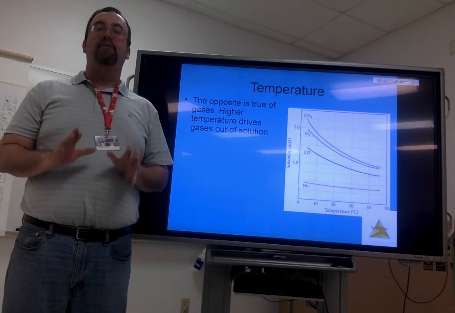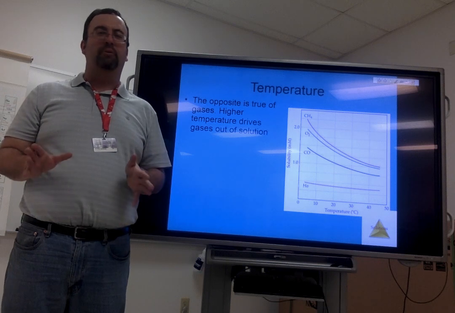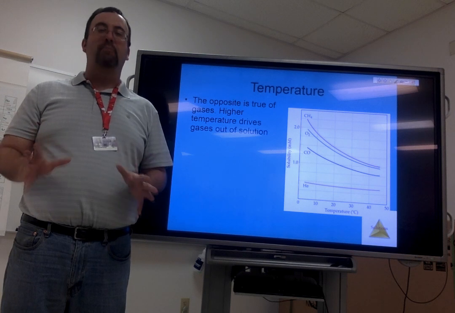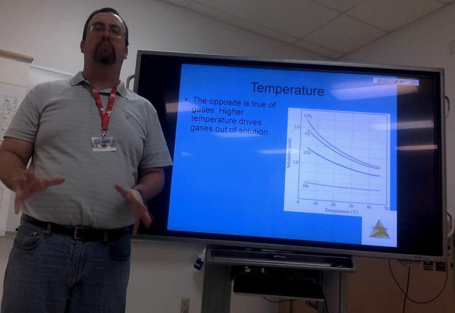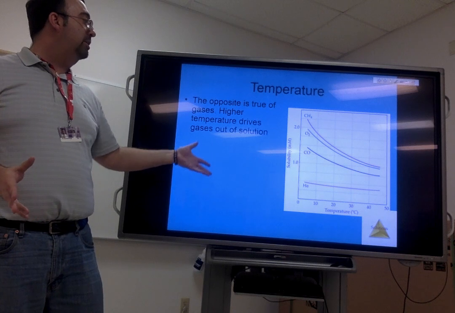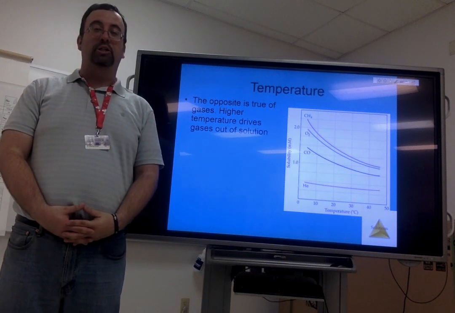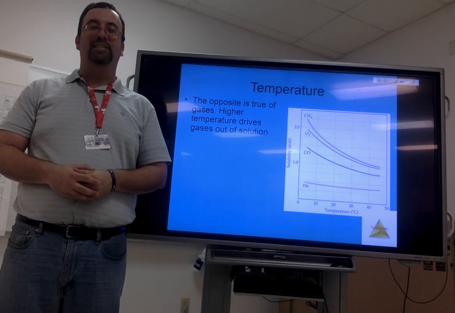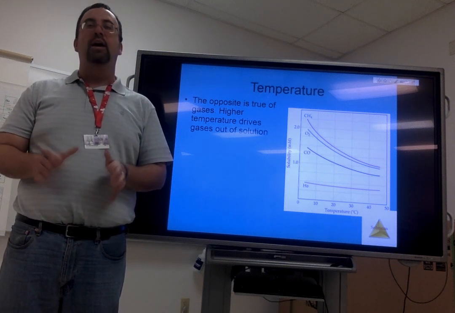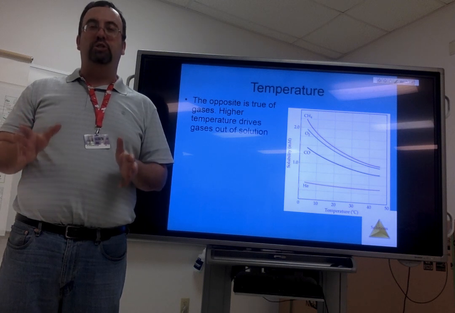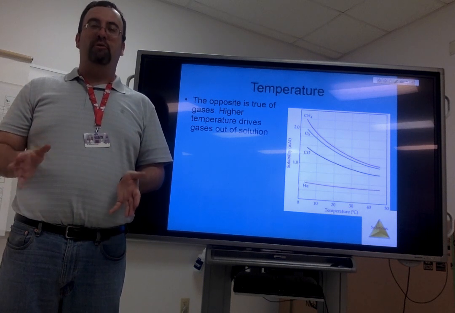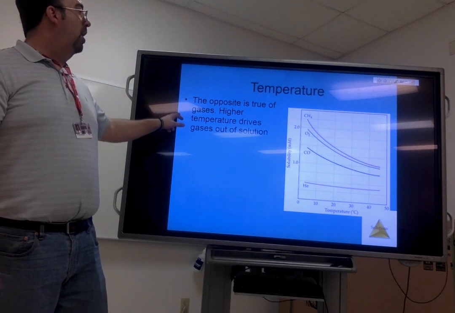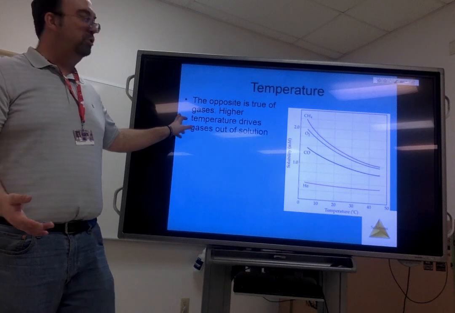If you're at a bottling plant for pop, it's important that you don't leave the pop out too long in the hot summer weather, because that will cause the gases to come out of solution. The carbon dioxide will come out of the pop, and the pop will lose its fizziness. This is another reason why people chill their pop, so it doesn't lose its fizziness. Again, temperature will cause the gases to be driven out of solution.